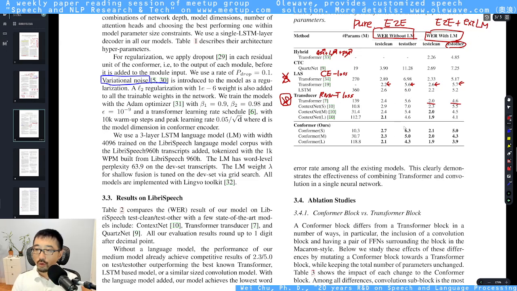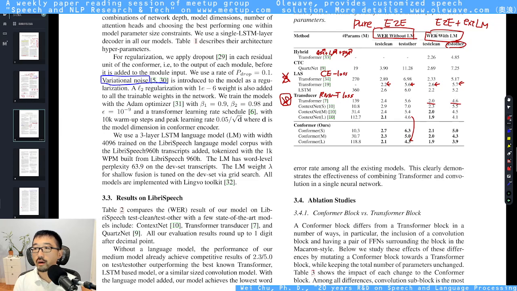So regarding the pure end-to-end, you can definitely see that their method in the clean case is as good as ContextNet, but they do better under the test-other case. They go from 4.6 to 4.3. This is almost like a 5 to 10% improvement, which is very, very significant.